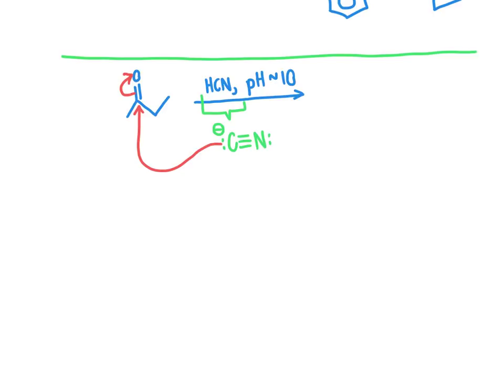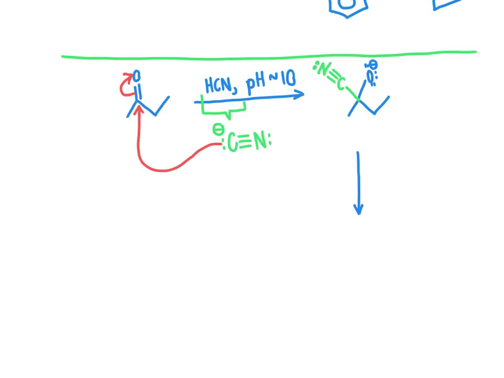That creates our tetrahedral carbon now, and we'll have an oxygen anion here. We've created a new carbon-carbon bond to the nitrile carbon, or the cyano carbon as you might call it, like so.